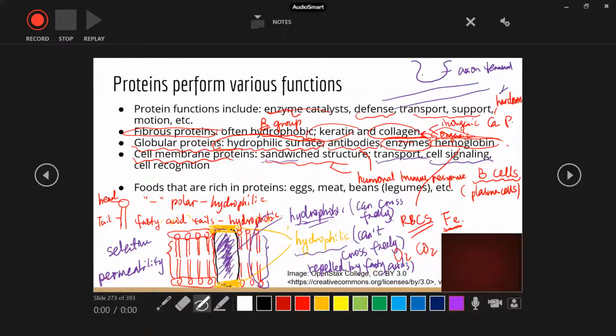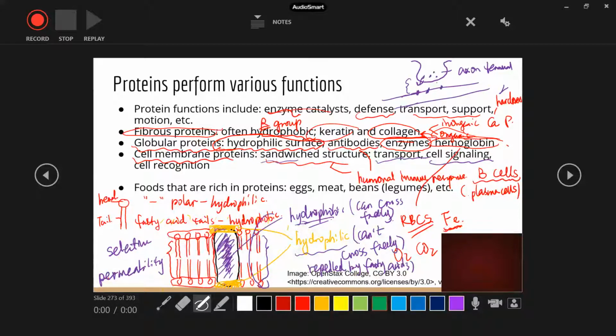This axon terminal can release chemical messengers, right? Which is acetylcholine. So acetylcholine is the chemical messenger that can diffuse through this synaptic cleft and get to the muscle cells, and they're going to tell the muscle cells to contract, right? Okay, now on the surface of the muscle cell, there are receptors.